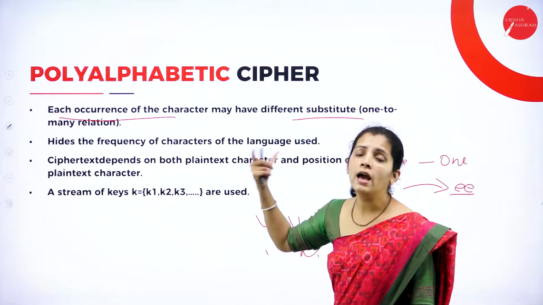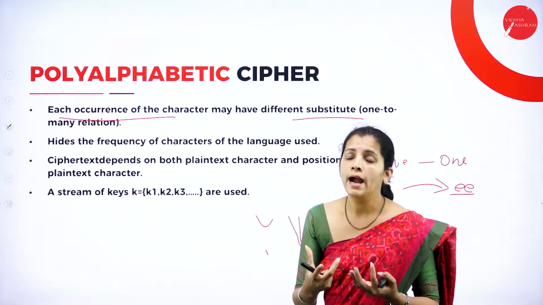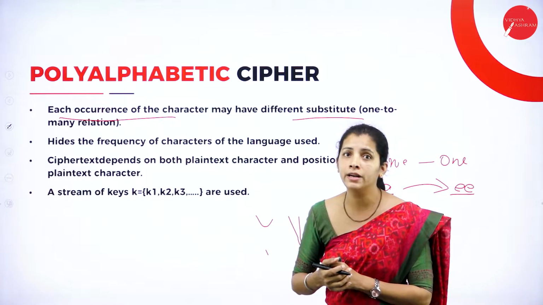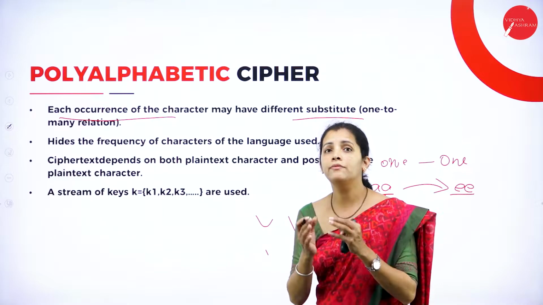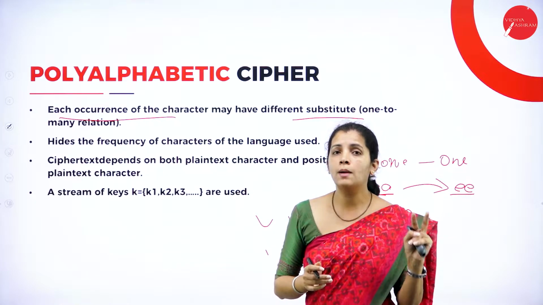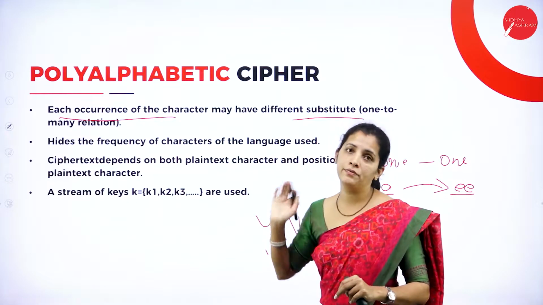So in polyalphabetic, we are going to substitute the character randomly, and for the same character here we are going to get a different substitution. And if I consider monoalphabetic, for the same character I'm going to get the same substitution, but here it is a different substitution.